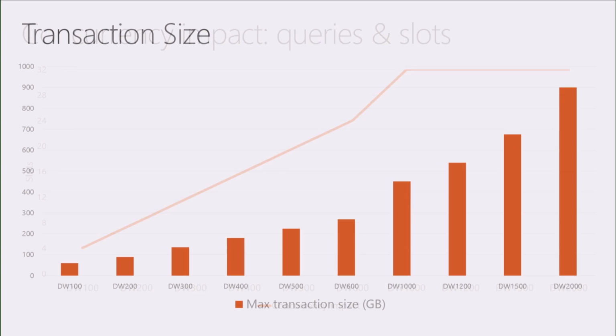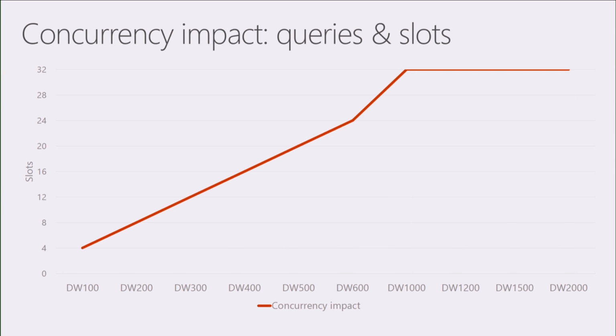Brilliant. So the second thing we have is the concurrent queries. The concurrent queries is this limit of the number of queries that can run on the system. And again, this scales as the system scales. So we start at DW100 with 4 concurrent queries, okay?